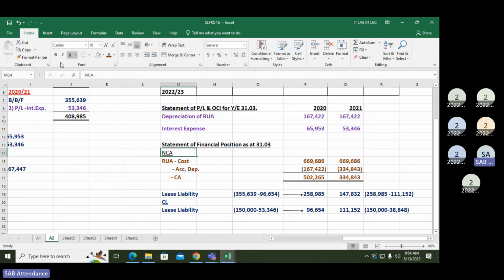Then the non-current asset, right of use asset cost 669, to deduct the accumulated depreciation and show the carrying amount. Right. I will come to this.